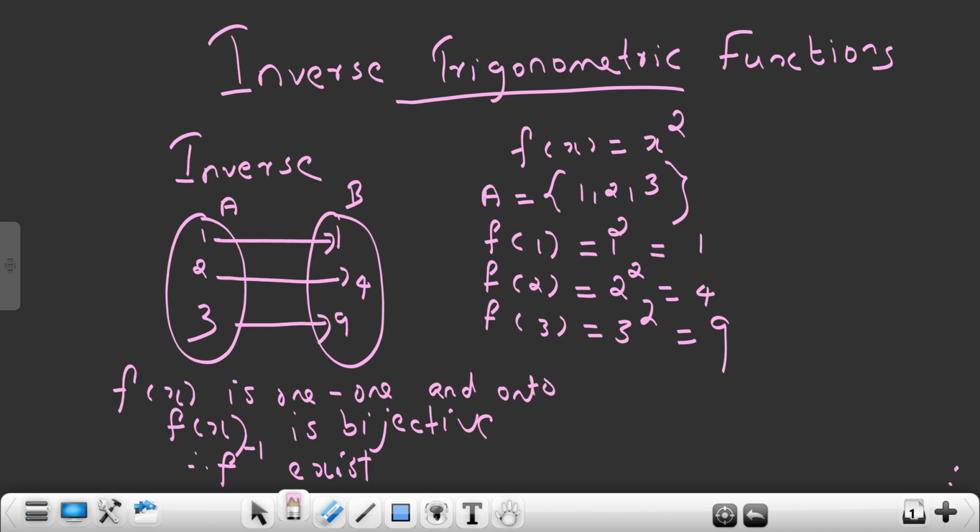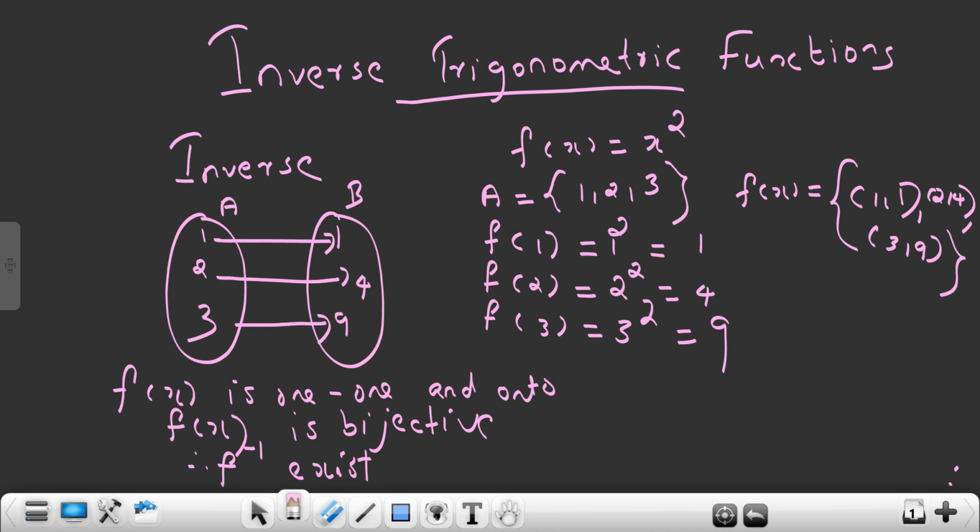Now, let us write this as ordered pairs. f of x equals the set of all ordered pairs: the first ordered pair (1, 1), the second (2, 4), then the third one (3, 9).